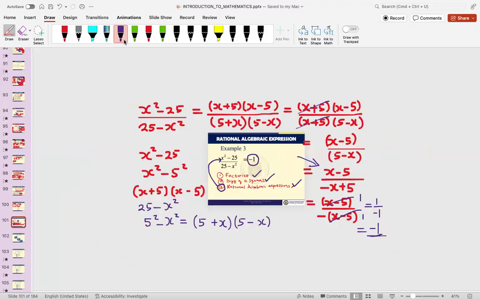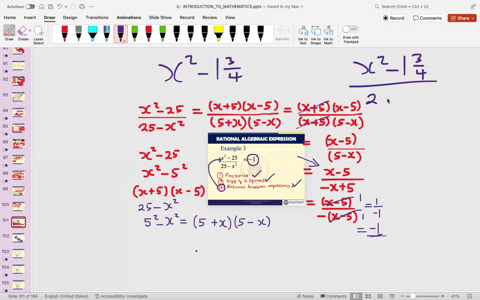I'm coming. Let me write what you are saying. Can there be a situation whereby it will be x squared minus one whole number 3/4, all over 25, minus 1/2?